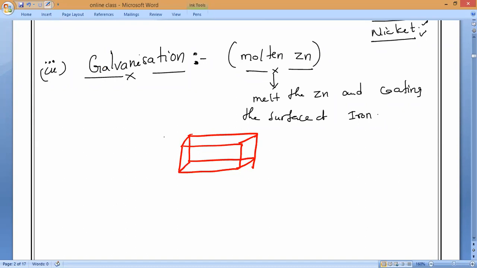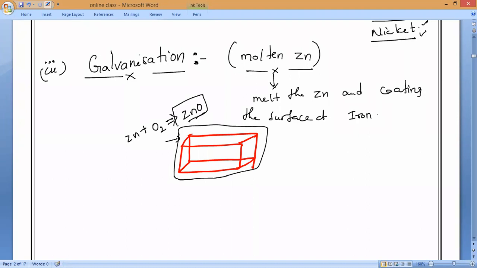Molten zinc is coated on the iron so that it reacts with oxygen. This zinc metal reacts with oxygen and forms zinc oxide. This zinc oxide is an inert layer.